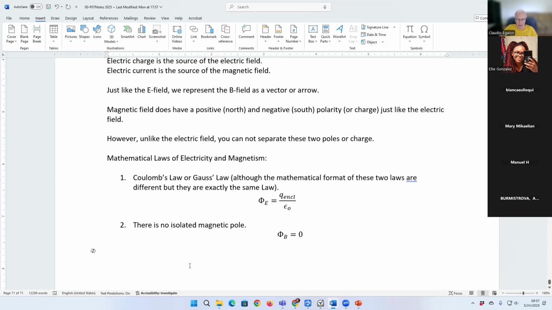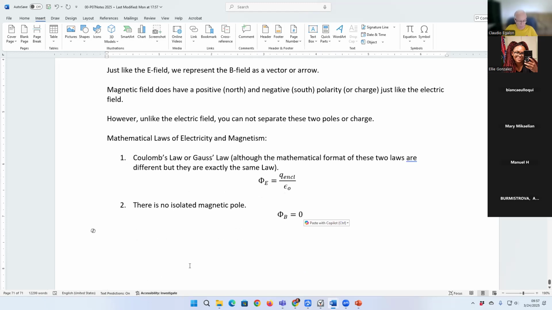So, laws of electricity and magnetism. The first law that you saw was this one here, Coulomb's law in a different format, Coulomb's law for electricity.